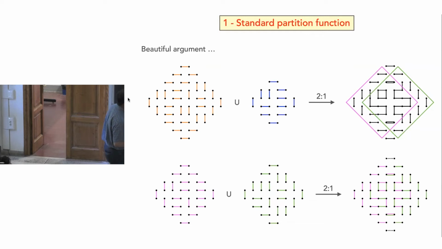And again, there's a 2-to-1 correspondence, because when you distribute the dimers of a loop into the two subgraphs, you have two choices. Again, for one perfect matching you take every second dimer, but you don't know where to start.